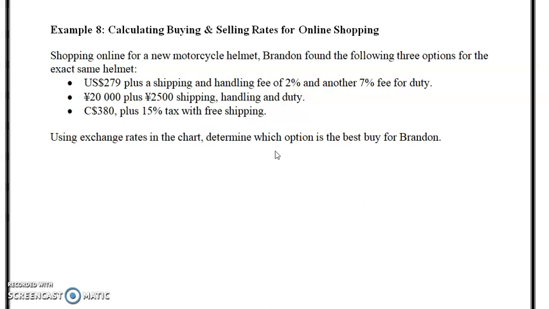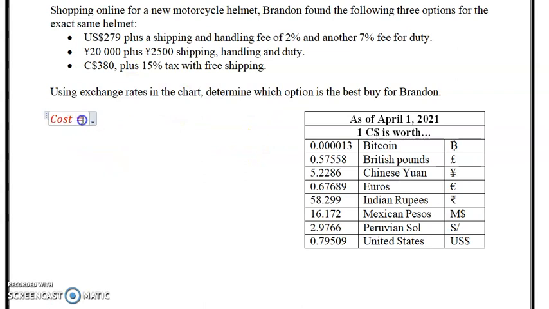Now I'm going to do this with respect to Canadian dollars, for the simple fact that we're here in Canada. So we're assuming Brandon's in Canada and he's buying a helmet, and there are 3 options here. He's going to pick the better of the 3. So we'll do the cost of it in US dollars here. So that's going to be the US dollar amount, and then we're going to multiply that by 1.09.